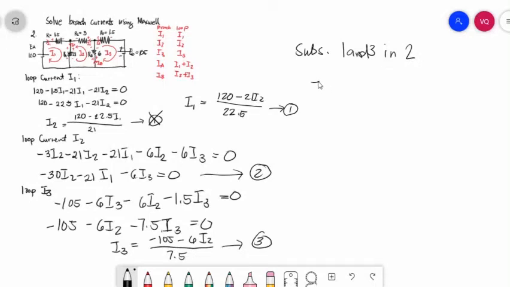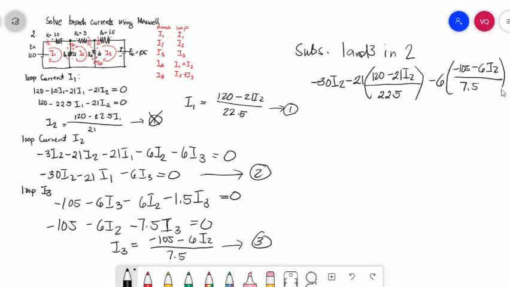So, negative 30 I2 minus 21 times I1, which is 120 minus 21 I2 divided by 22.5, minus 6 I3. So, our I3 is negative 105 minus 6 I2 divided by 7.5 is equal to 0.